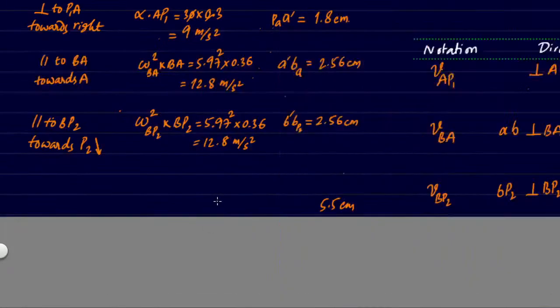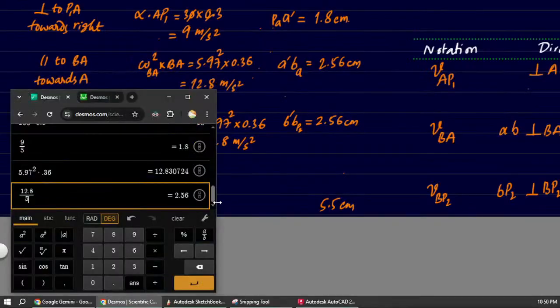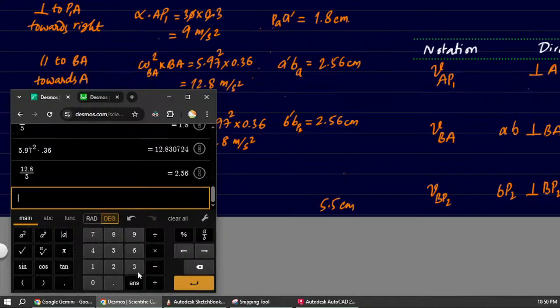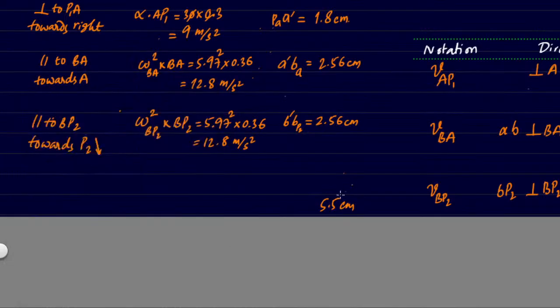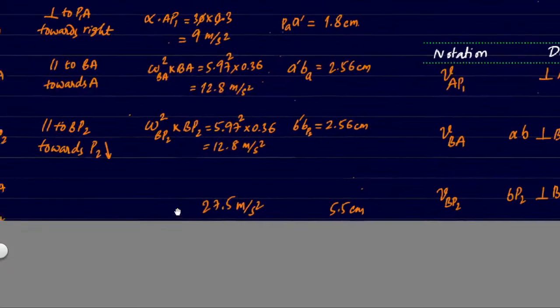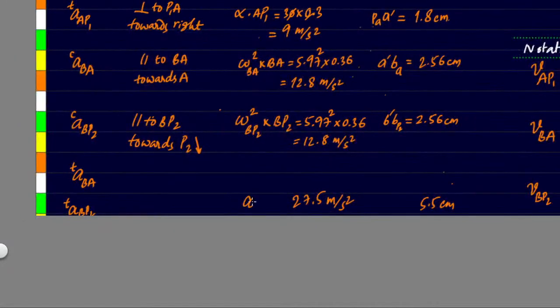So multiply this with 5. 5.5 into 5 is 27.5. So 27.5 meters per second square. This is the tangential acceleration of B with respect to P2.